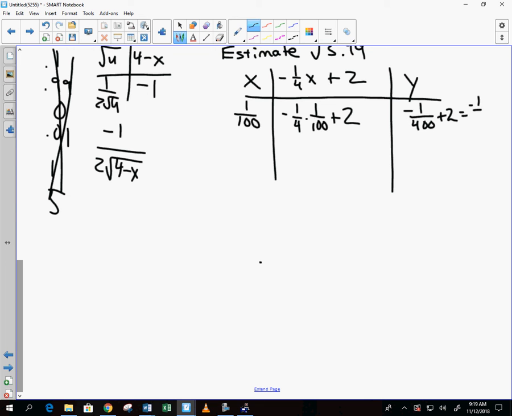Negative 1/400 plus 800/400. And that produces what? So apparently our claim is that 799/400 is approximately the square root of 3.99.